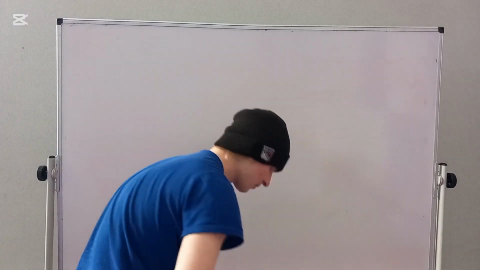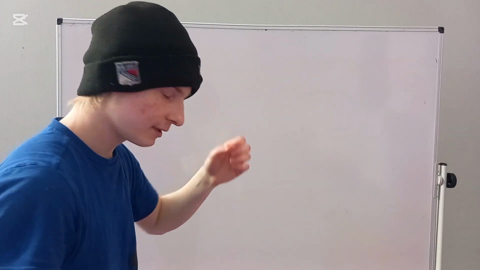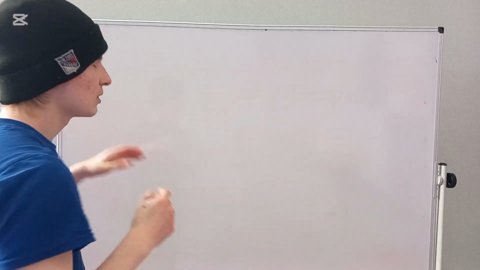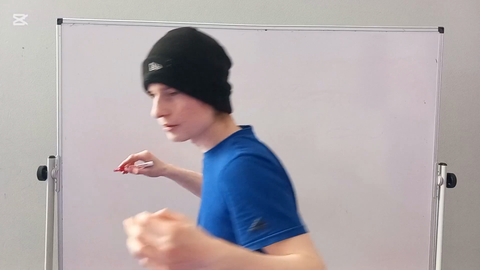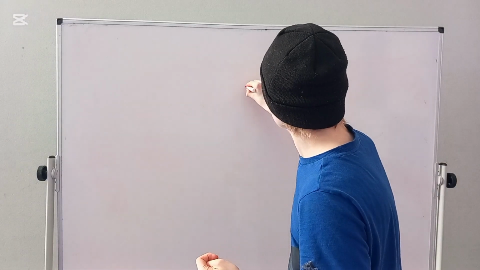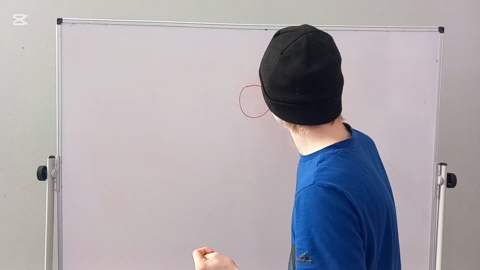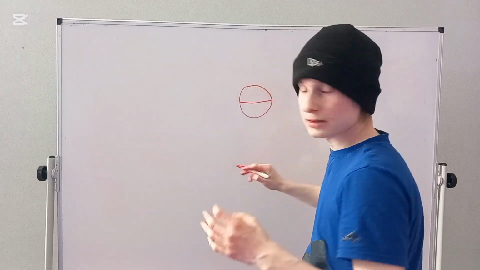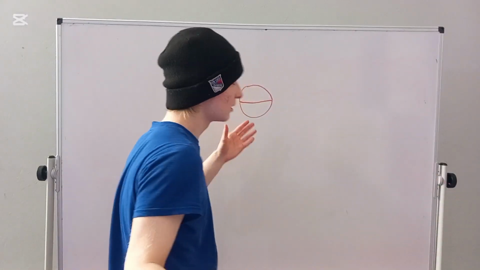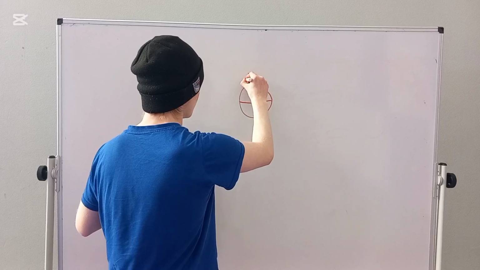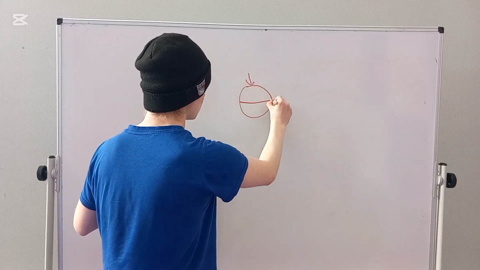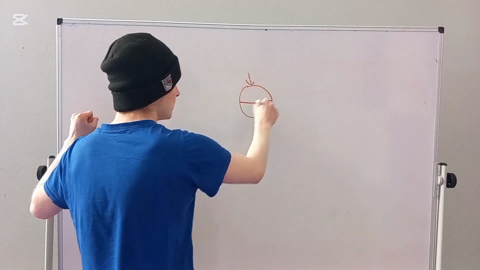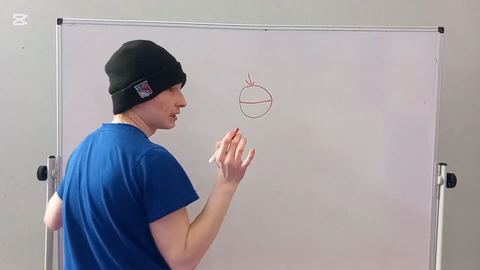So, if we have a circle and it's this line between it, and we need to know the hard word that I cannot pronounce. If we need this, we don't know what that is.